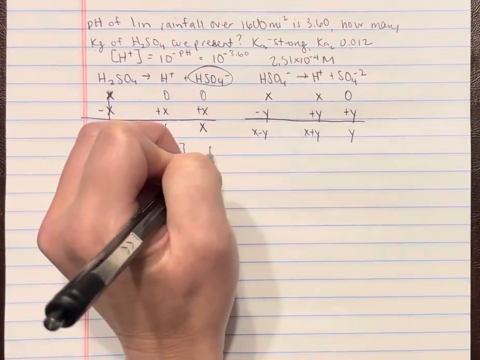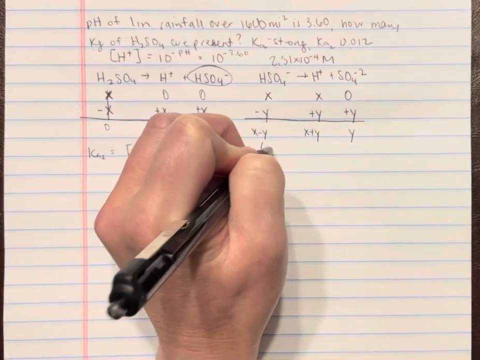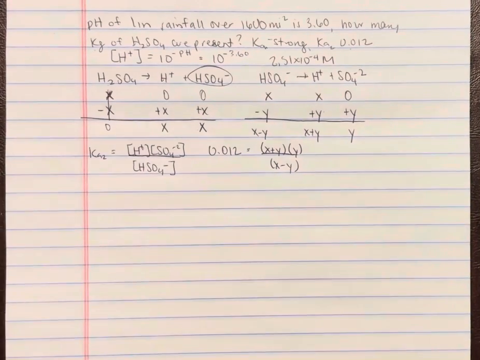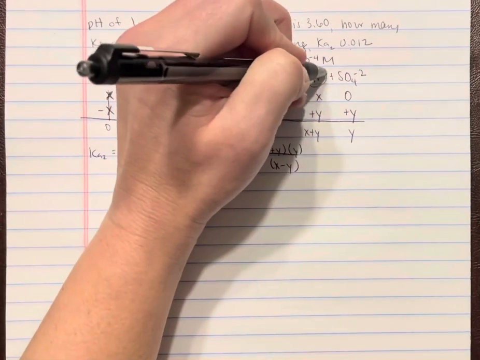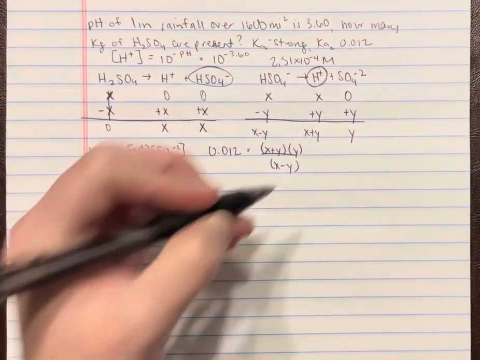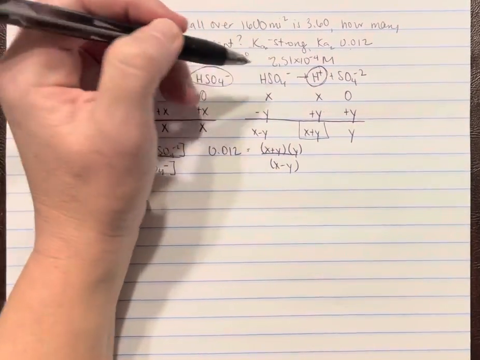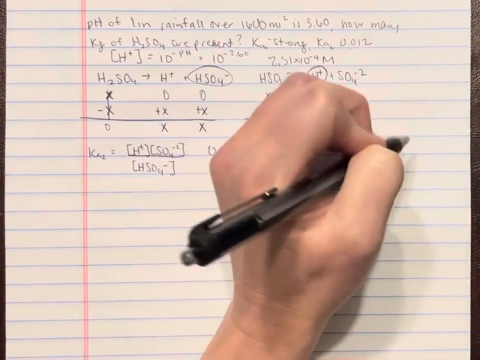So we have 0.012 equals X plus Y times Y over X minus Y. Well, with two variables, we're going to need to deal with this. So we know that the total hydrogen ion concentration, which is represented by X plus Y, we know what that is.